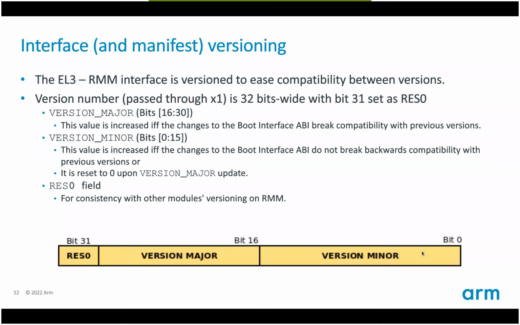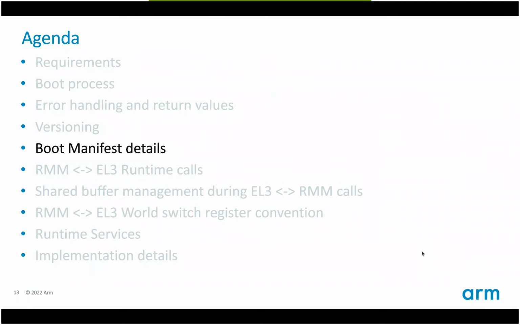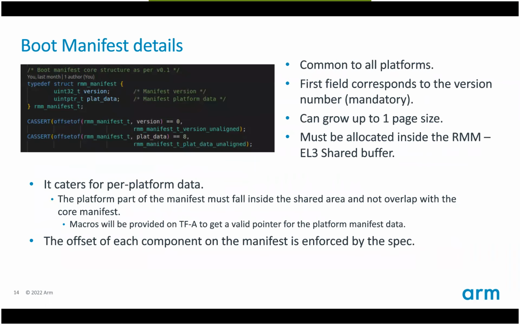Cool. So let's talk about the boot manifest details now. As we were just discussing, the boot manifest is a data structure where we will store platform data. This data structure will be common to all platforms, or silicons in this case.